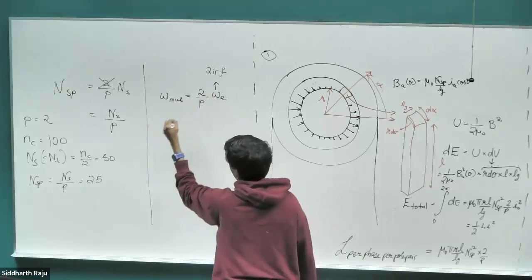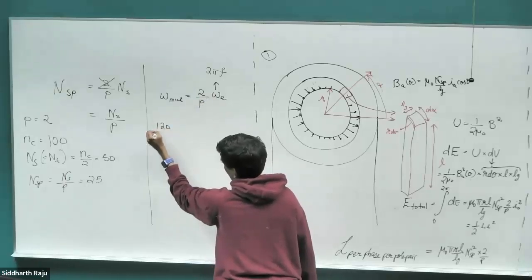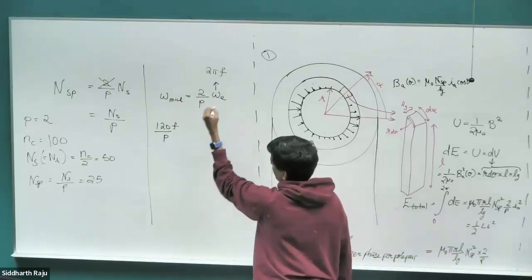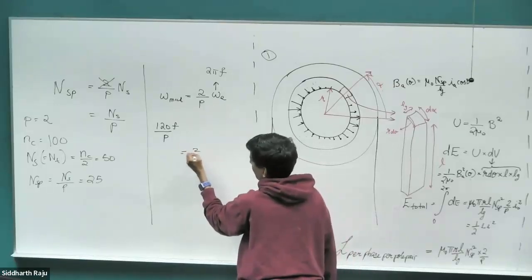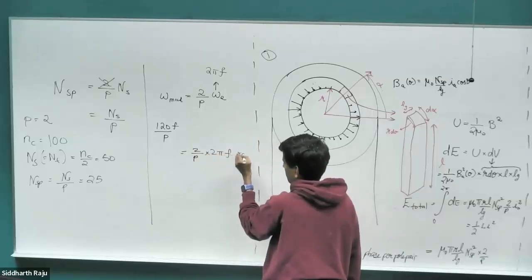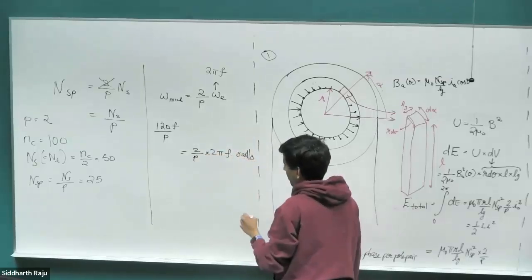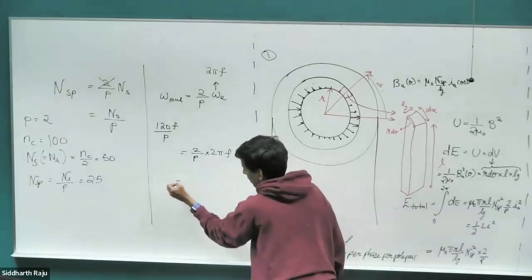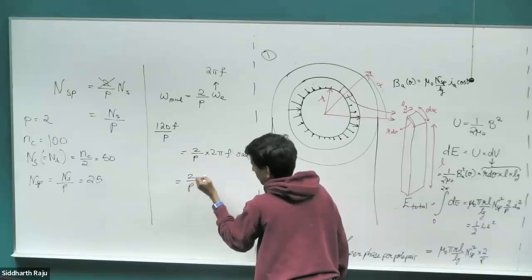So this itself, commonly in the textbook, you will see the formula as 120 F by P, right? That comes from the fact that if you substitute those values, 2 by P times 2 pi F would be radians per second. And we typically like to express it as rotations. So every rotation will have 2 pi radians.